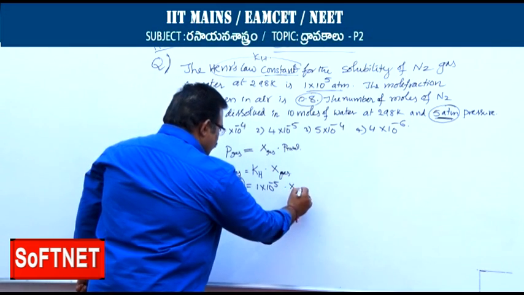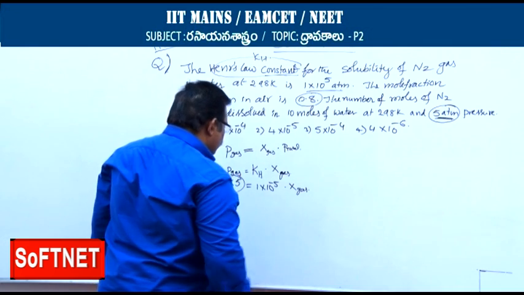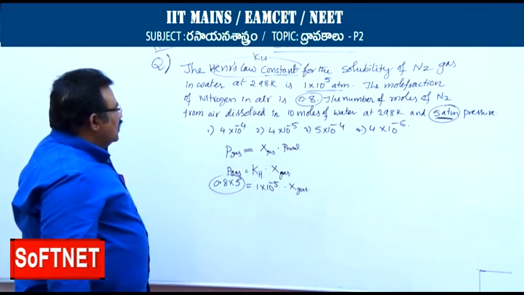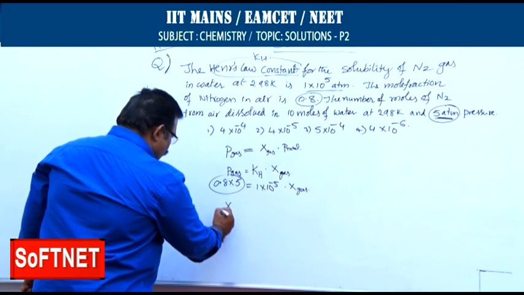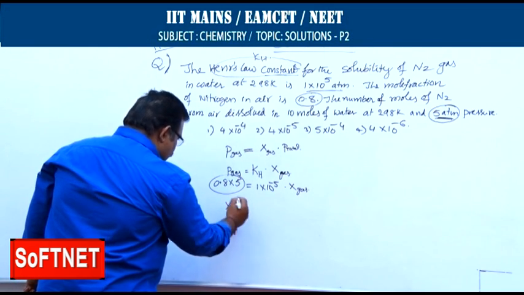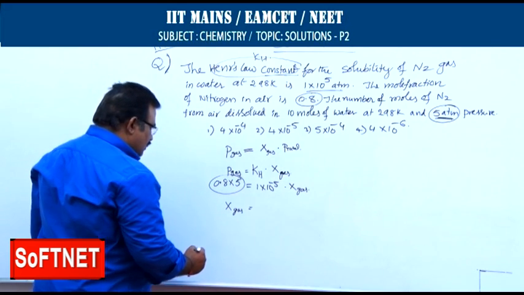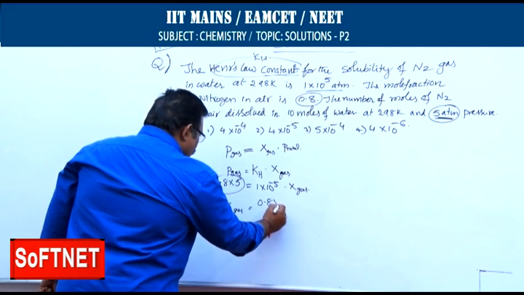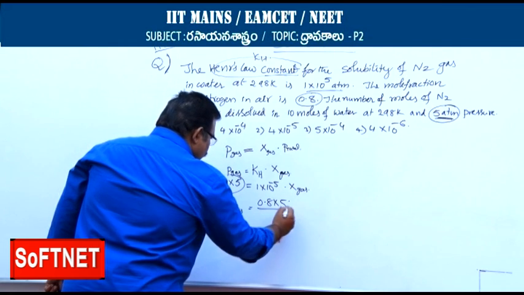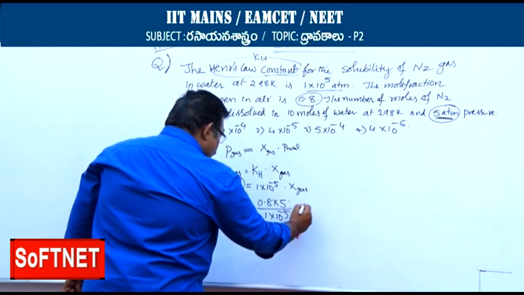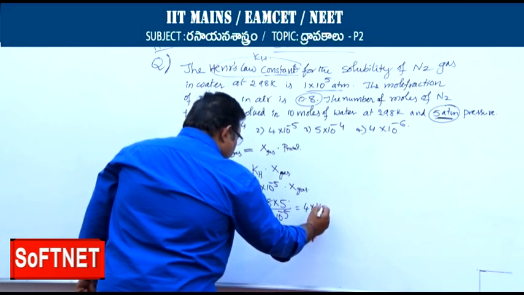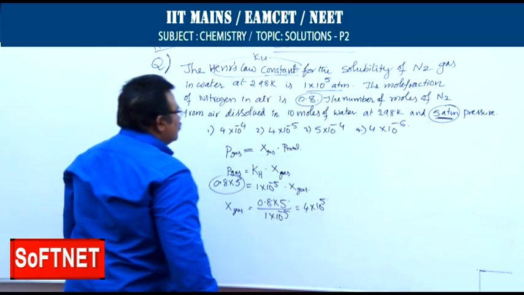First, we have to find out the mole fraction of the N2 gas in the solution. Let us find out. Mole fraction of the N2 gas is equal to 0.8 into 5 by 1 into 10 power minus 5.